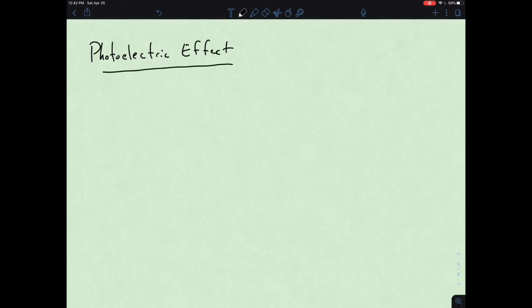So that brings us to the photoelectric effect. This was something hinted to in our brief history.